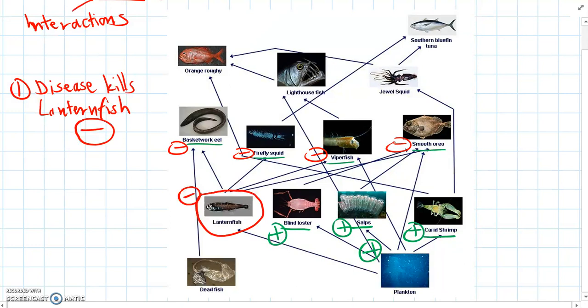And then looking up even higher, if those species have gone down, then the third order consumers, their numbers will probably go down as well. All because the numbers of the lanternfish changed in the ecosystem.